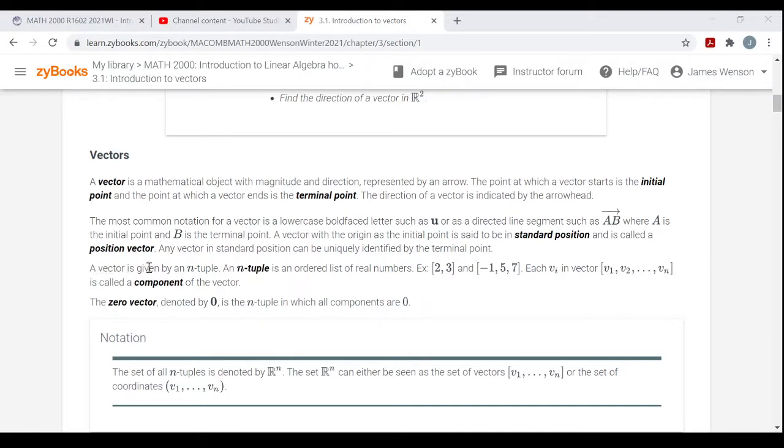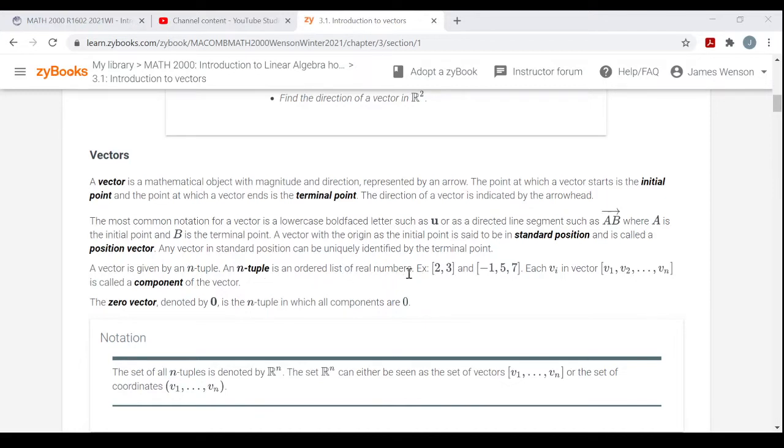A vector is given by an n-tuple, which you know what those are, having looked at systems of equations now. The notation for a vector as opposed to a solution to a system would be a little different, but it'll still be like a matrix, kind of. An n-tuple is an ordered list of real numbers.